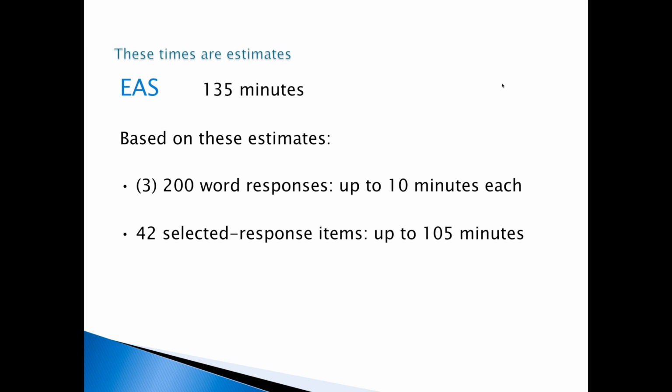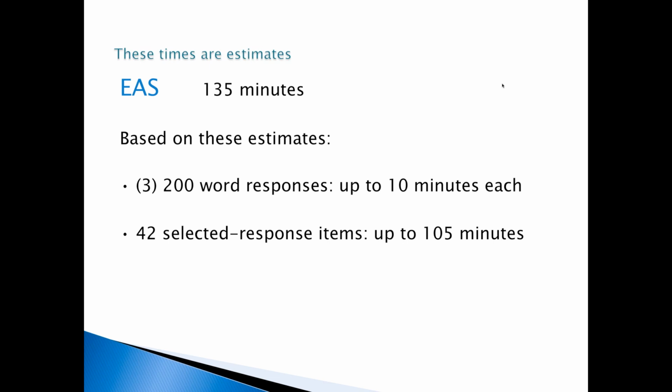The EAS, in contrast, is 135 minutes total. So a little bit shorter time. And it's based on these estimates, that your 3 200-word responses should take you up to 10 minutes each. That's half the time that they expect you to do the other very short response. So these are more clear cut.